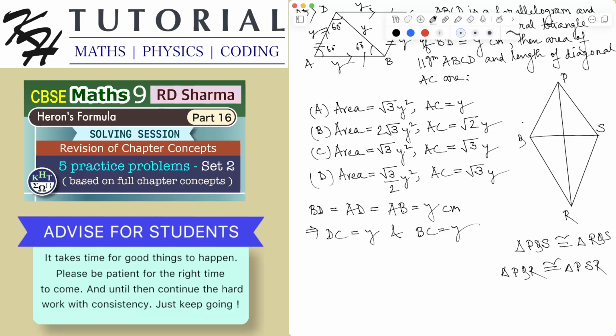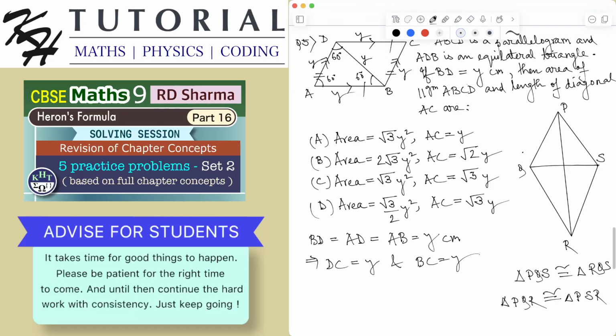So congruent triangles, the areas are equal. So we can say that in this problem, this parallelogram is basically a rhombus. I can say then the area of the parallelogram ABCD will be equal to 2 times the area of the triangle ABD.